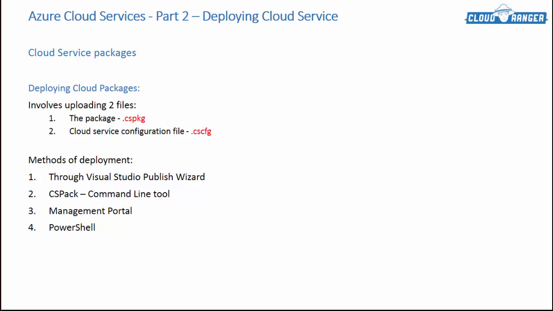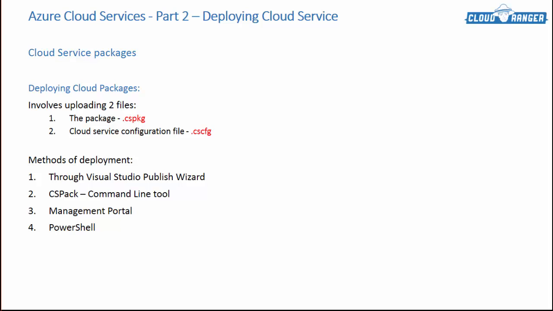I'll get into the details of what these two files are, but .cspkg is the package file extension. And then you have the cloud service configuration file, which is .cscfg. So pkg is for package and cfg is for configuration. And anytime you are deploying to a cloud service, basically you are uploading these two files.